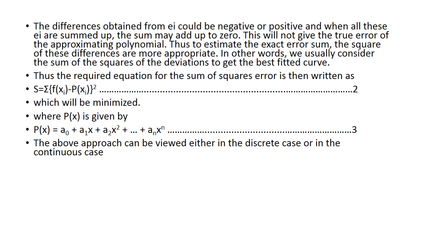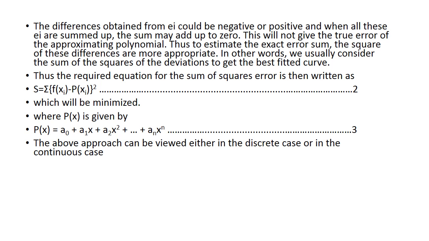The differences obtained, be they negative or positive, when all summed up, the sum may add up to 0. This will not give a true error of the approximation of the approximated polynomials.